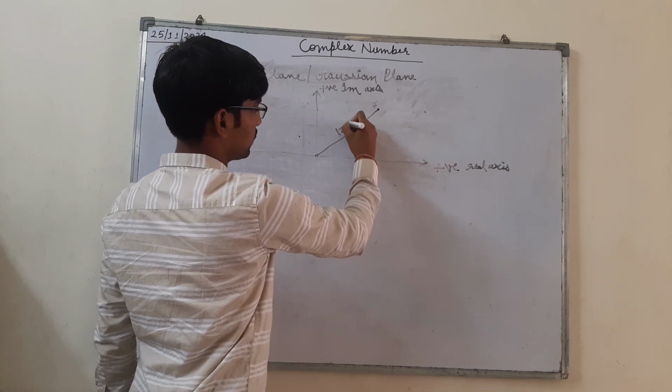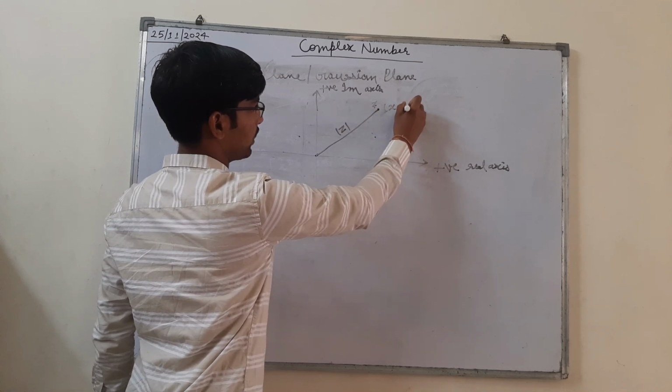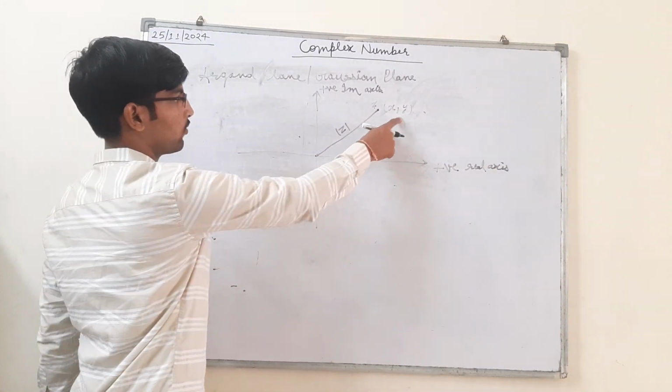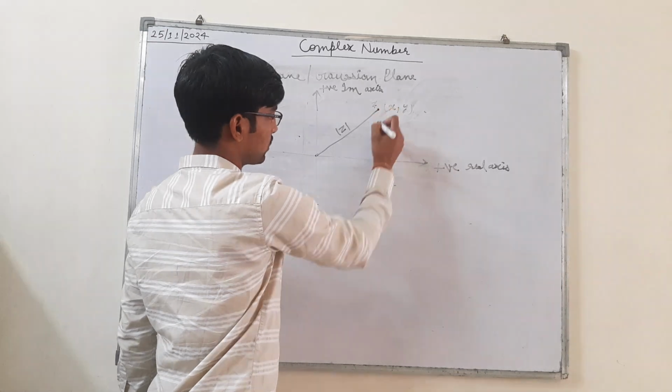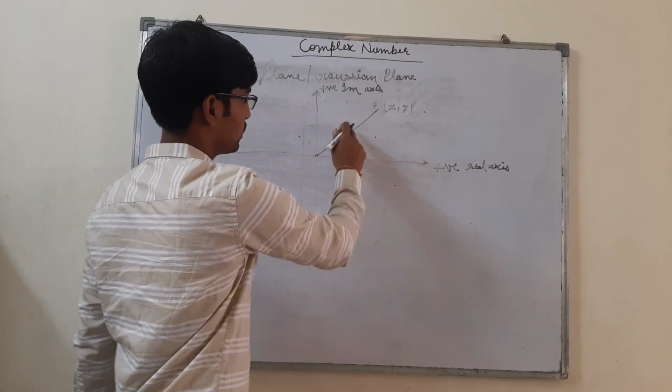This is the mod z. If the coordinates of this point are x and y, this x is on the real axis and y is on the imaginary axis. Then this is the point z and this is the z bar.